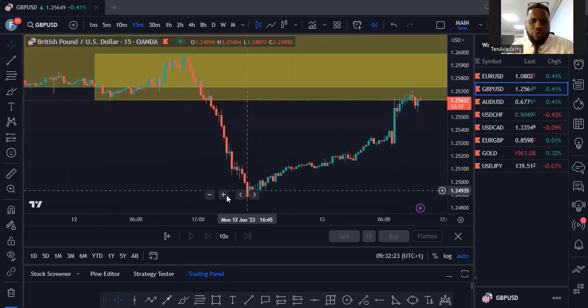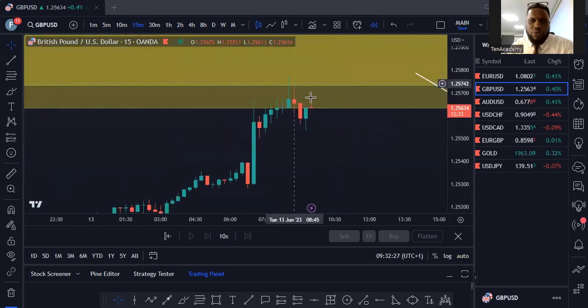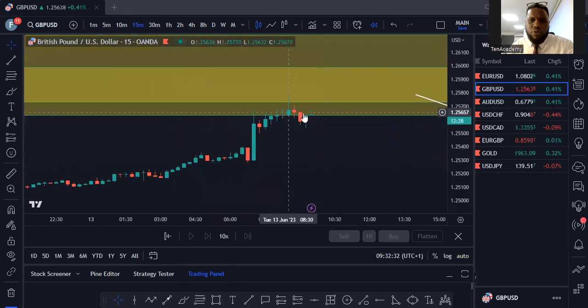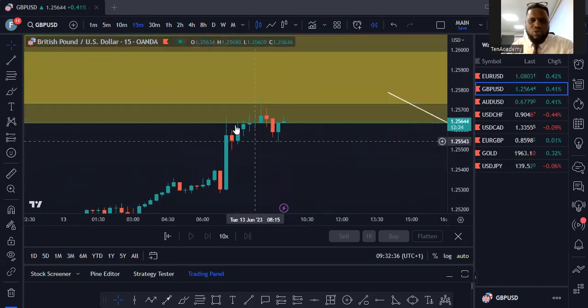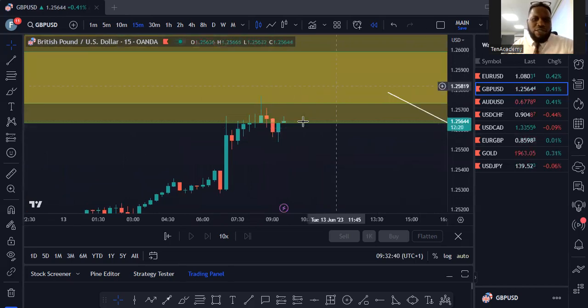So on 15 minutes, we have price tapping into the zone. All right. So I don't have enough information for sellers pressure here. Okay, so liquidity has not been built up yet inside this particular supply. So I'm going to wait for something that looks like this.